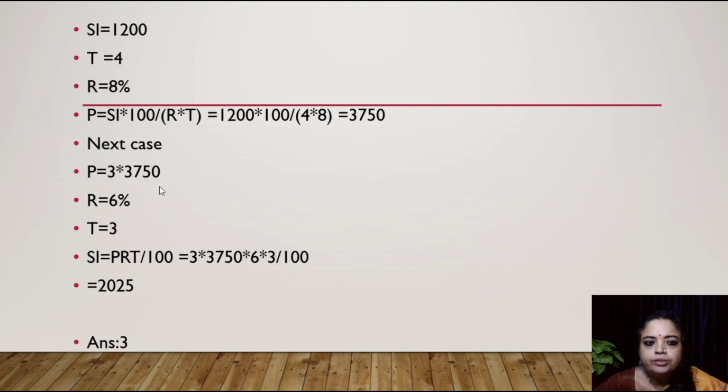So 3 into 3750, the rate is given as 6%, time period is given as 3. So SI is equal to PRT by 100. So 3 into 3750 into time period, that is 3 years, into rate of interest 6% divided by 100, that is 2025, is the answer. So the answer is option 3.